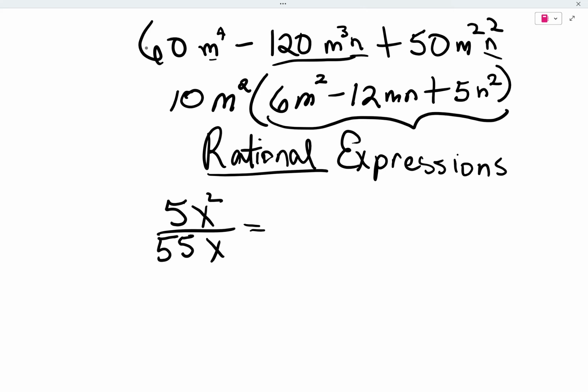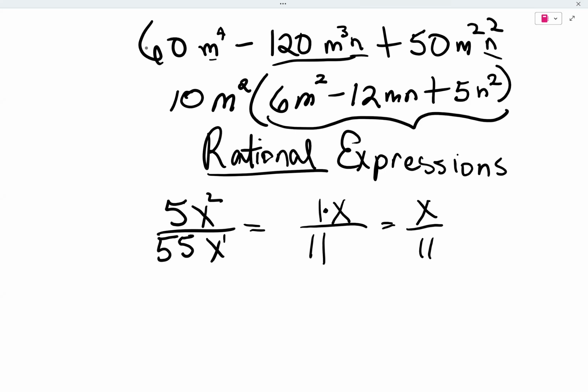Does 5 go into 55? 11. Yeah. So this is really at least 1 over 11 as far as the coefficients. What about the x's? You have an x squared and an x to the first. What do you think this answer is up here? X by 11. Just x. So it'll be x over 11 is the final answer.